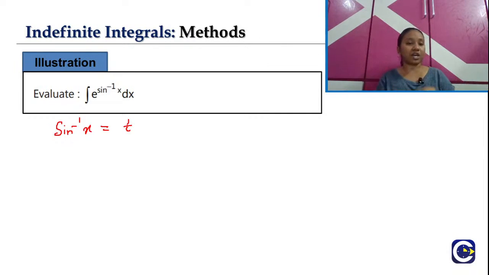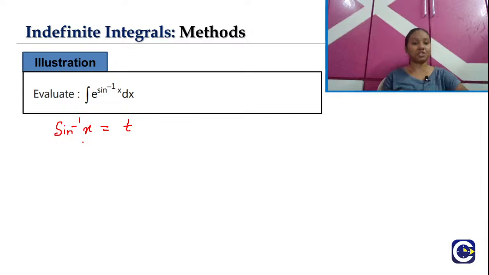If I have assumed my sine inverse x to be t, then you can differentiate this and substitute and simplify the given function, and you will get the reduced form of the given integral. So quickly do that, guys. I hope you have started by taking sine inverse x equal to t.